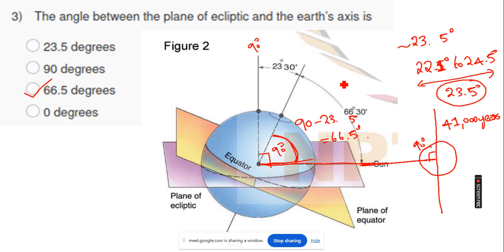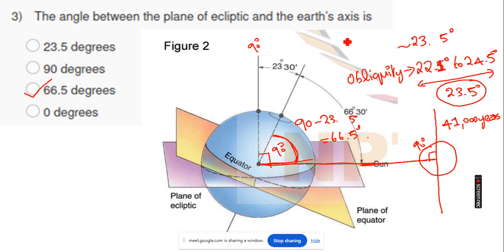This change is basically known as obliquity. And there are two other parameters also. You can go back and see it.